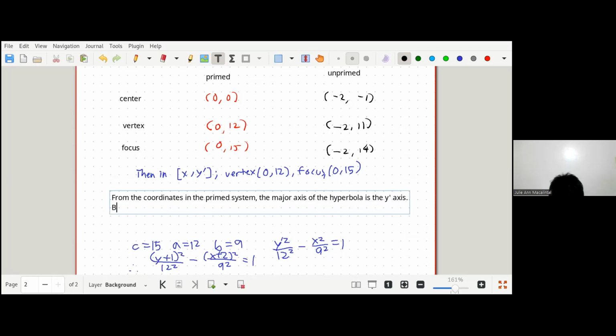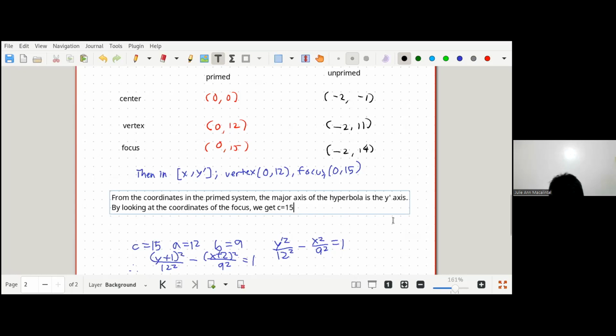By looking at the coordinates of the focus, we get C equals 15.